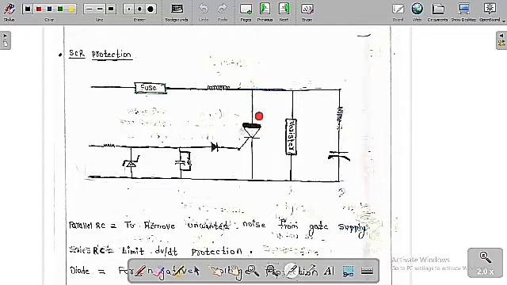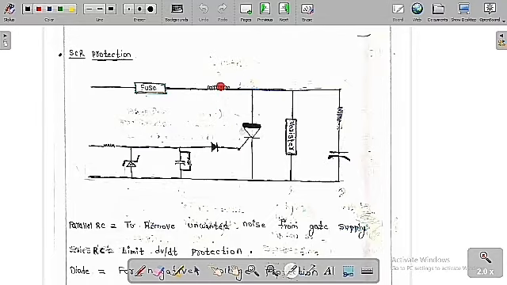So it is going to protect this SCR from over voltages, because the varistor is made from zinc oxide. As the voltage increases, the resistance decreases, so it is sensitive to voltage. As resistance decreases, the overall current can bypass here, so it protects from over voltages.